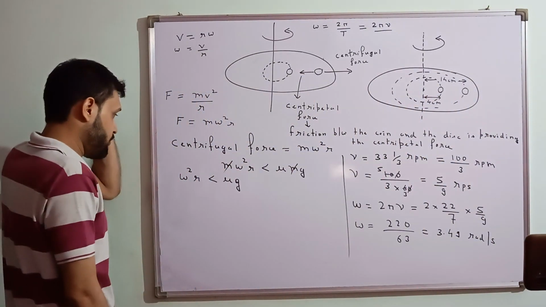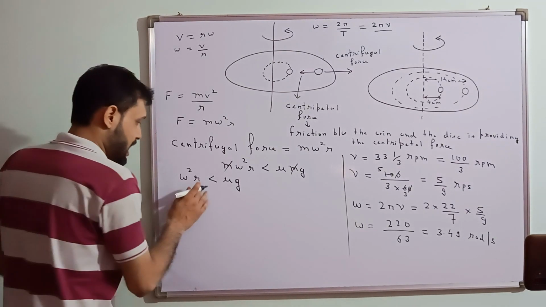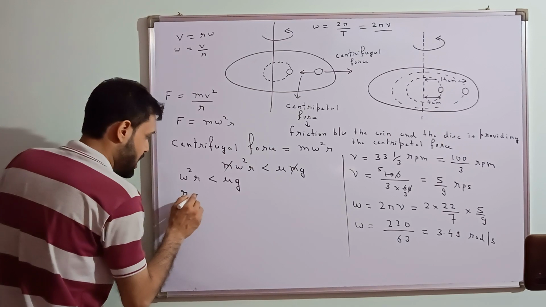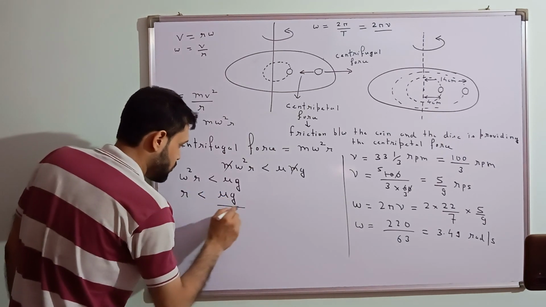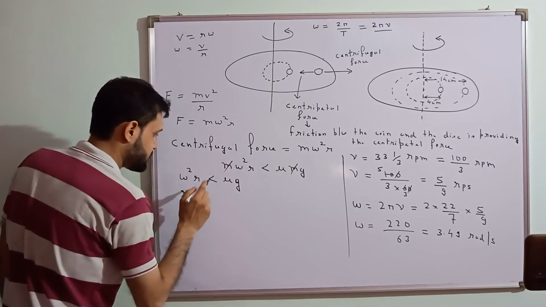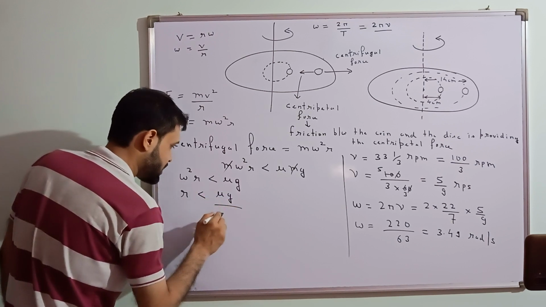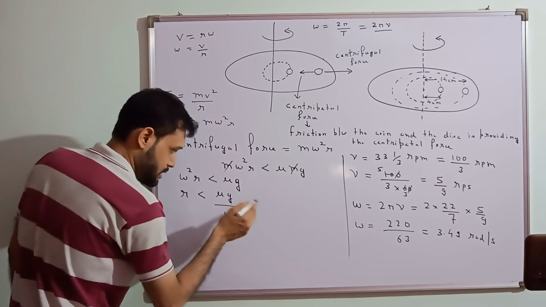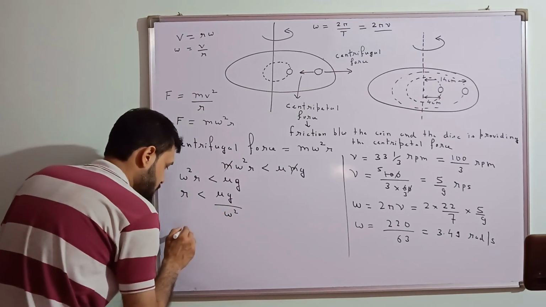Can we find out the value of R? See over here, the value of R will be how much? R is less than mu g by omega square, isn't it? R is less than mu g upon omega square. If I put the value over here, how much will I get?